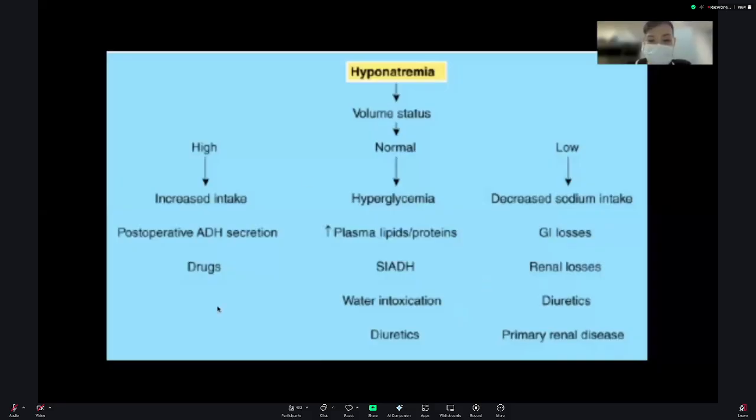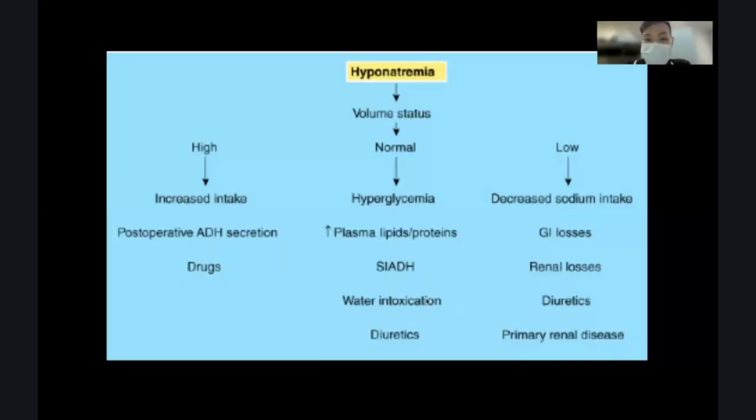Just review on this. But the most common form of hyponatremia would be your hypovolemic hyponatremia, wherein you have low volume status and low concentration of serum sodium, either due to decreased sodium intake, increased GI losses or renal losses, use of diuretics, or primary renal disease.